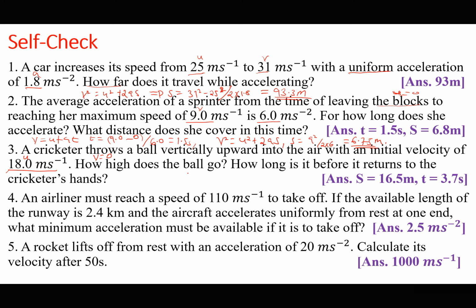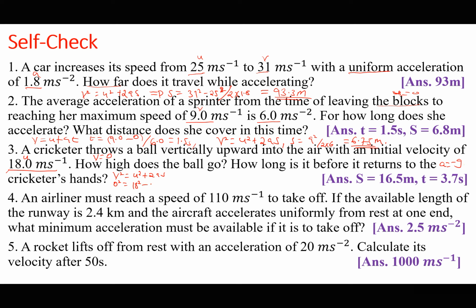They want us to know how high the ball goes. At the maximum height, velocity becomes 0. Because they want us to know how high, I will use v squared equals u squared plus 2as. So 0 squared equals 18 squared. Now because it's going upwards, acceleration is going to be negative g, which is negative 9.81.